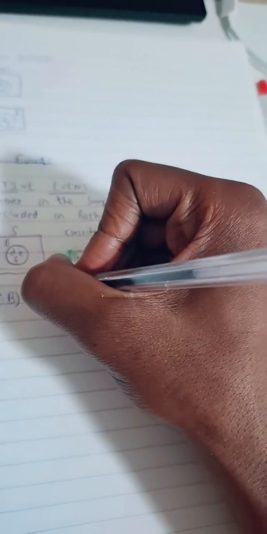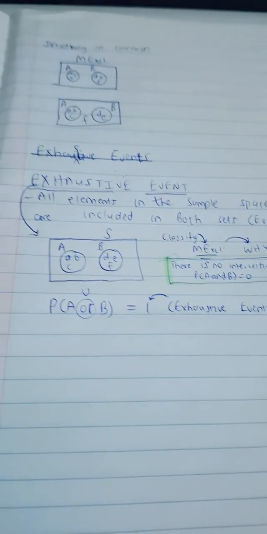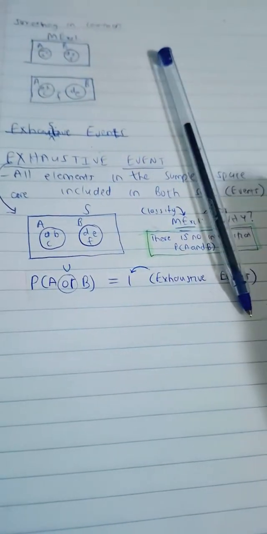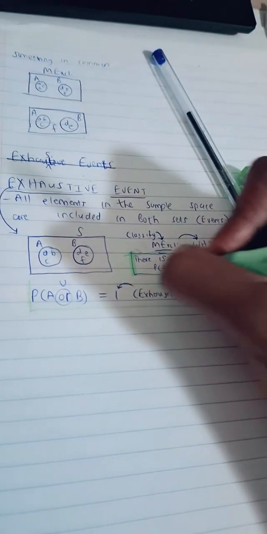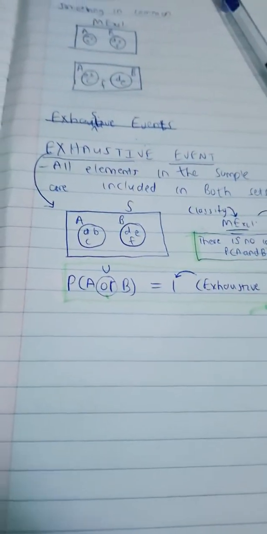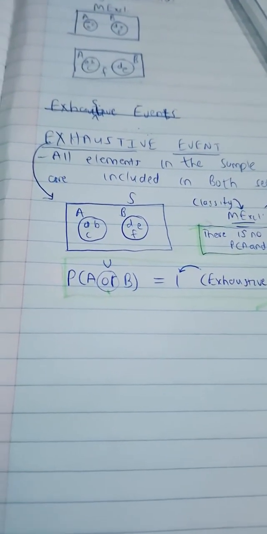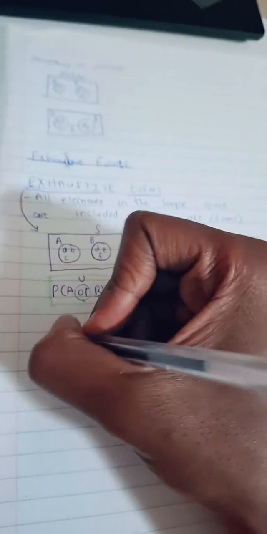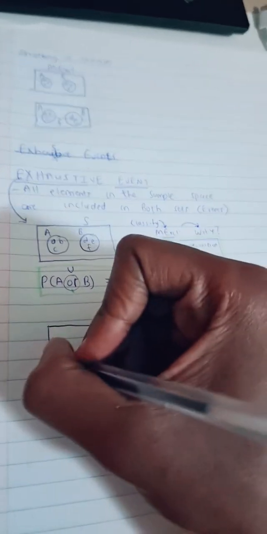This is what denotes the exhaustive nature of the events. So this would be the reason for us saying the events are exhaustive. The probability of A or B is equal to what? Okay, let's check this diagram.